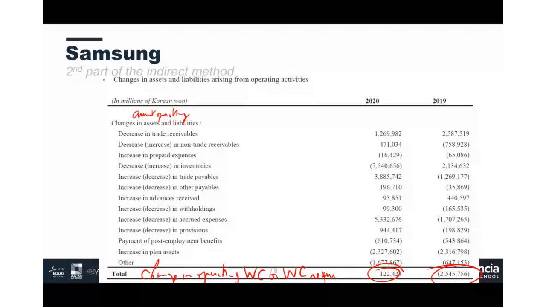So when it's in the assets, current operating assets, and it's a decrease, it's plus. A decrease in current operating assets is plus. It's a kind of cash inflow.